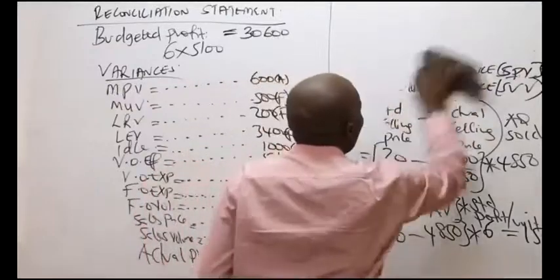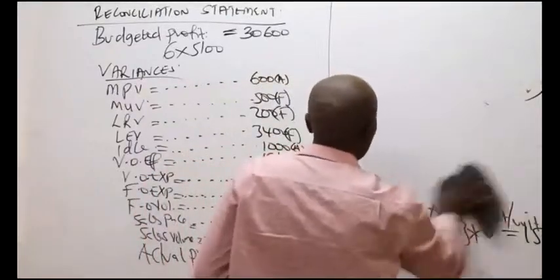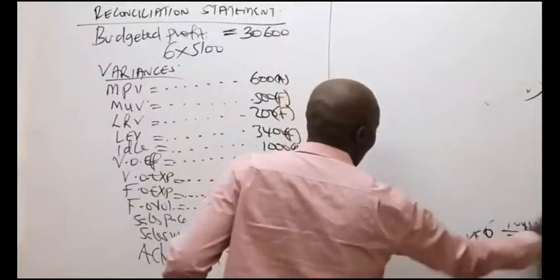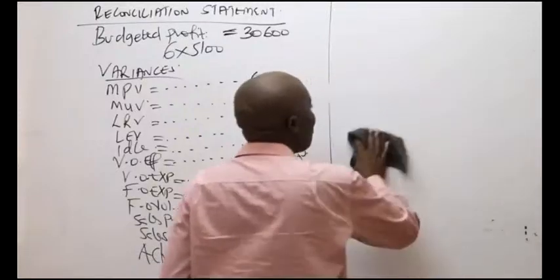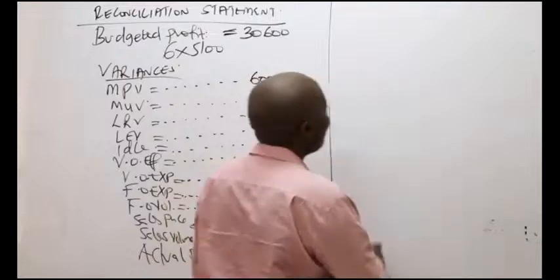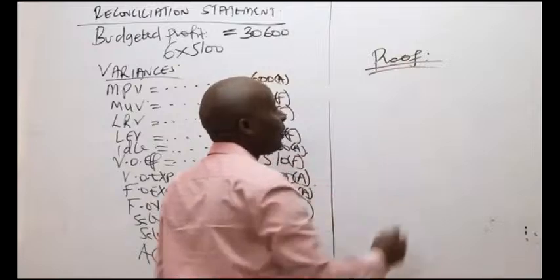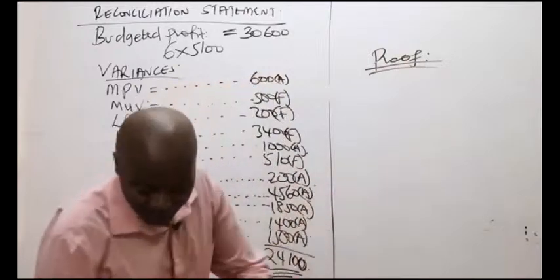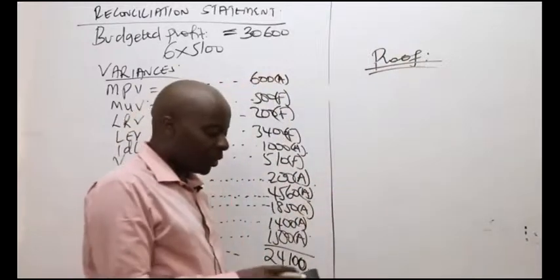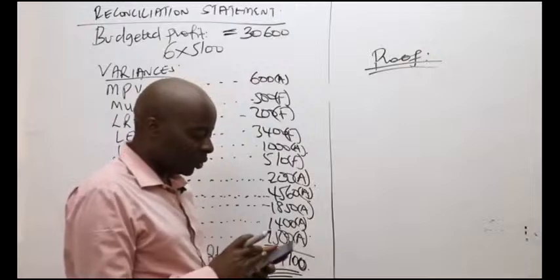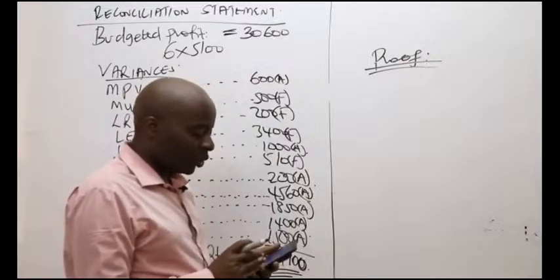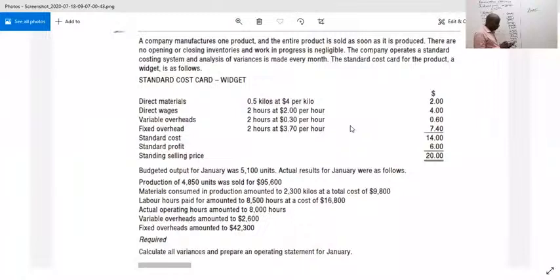Although in an exam situation you don't do it, you can come and prove for these people if you wish, but in an exam never do that. Please pin for them the question there.